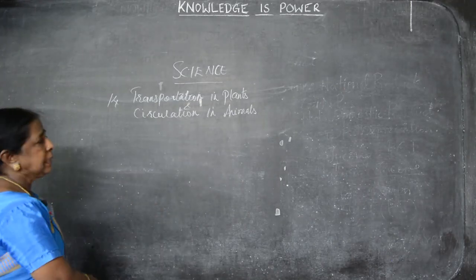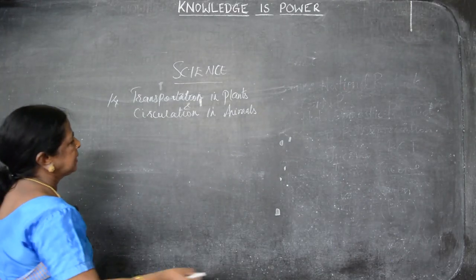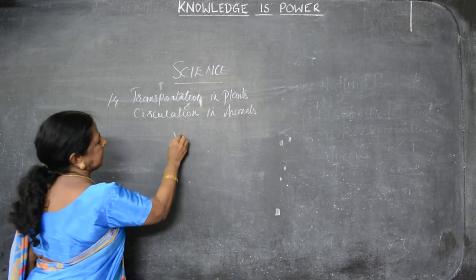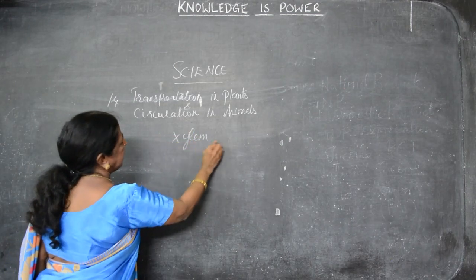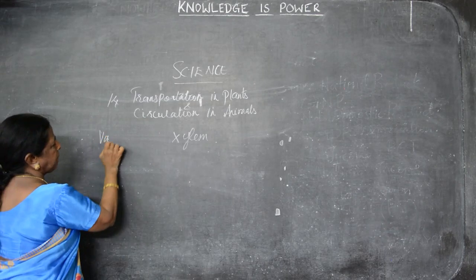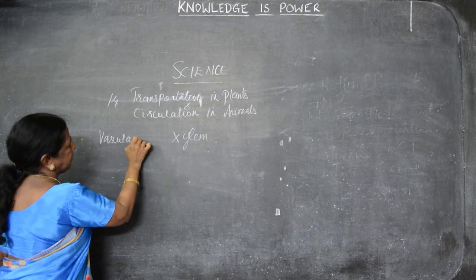In plants, there are two kinds of cells we have studied already, xylem and phloem. Xylem is present in vascular bundles, as I said in the previous classes.